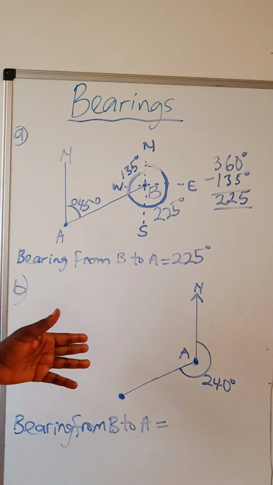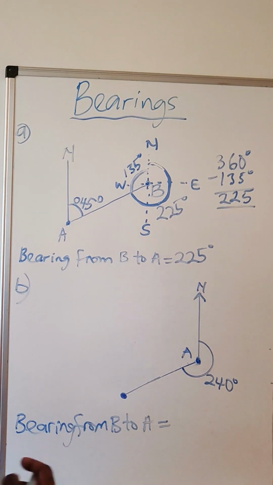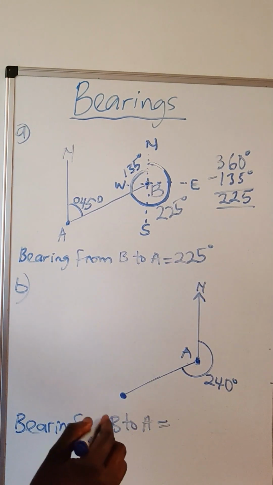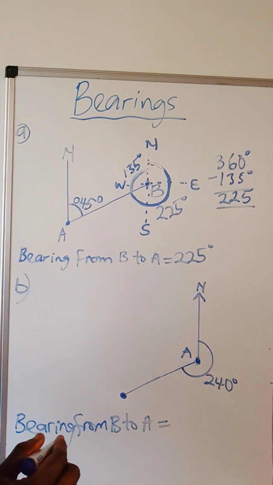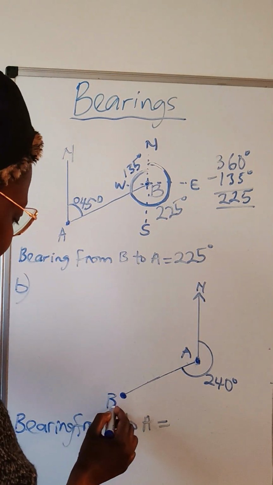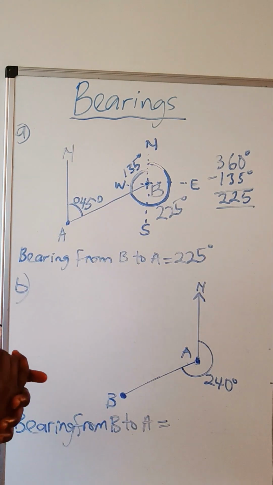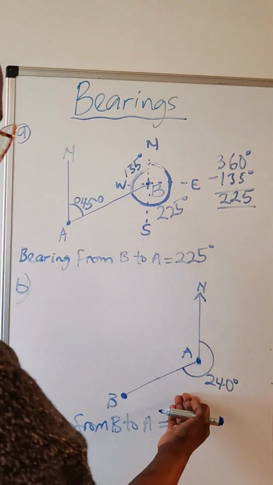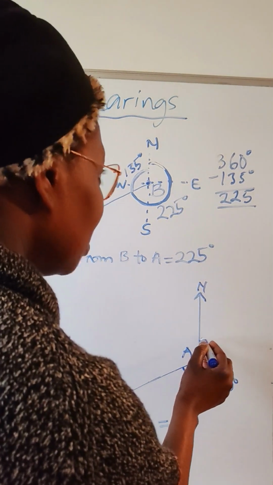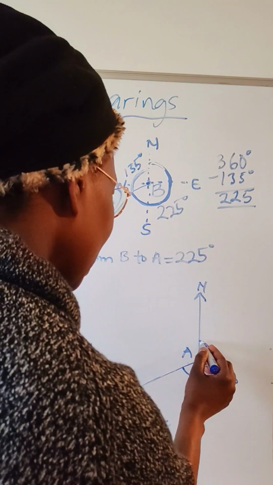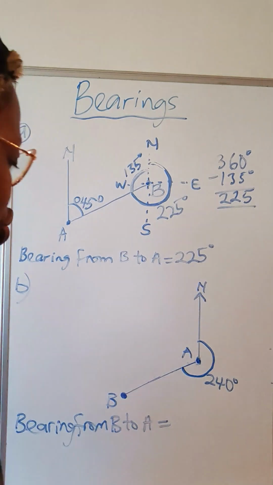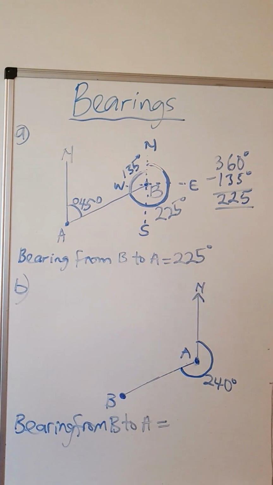Okay, this is the second question, and this is the bearing from A to B, which we can also call the bearing of B from point A. If we look at the diagram on the board, the bearing from A to B is 240 degrees.